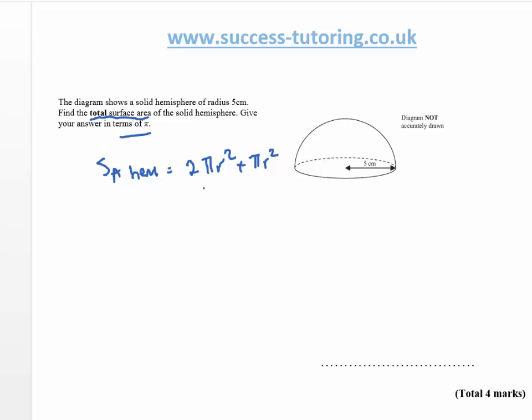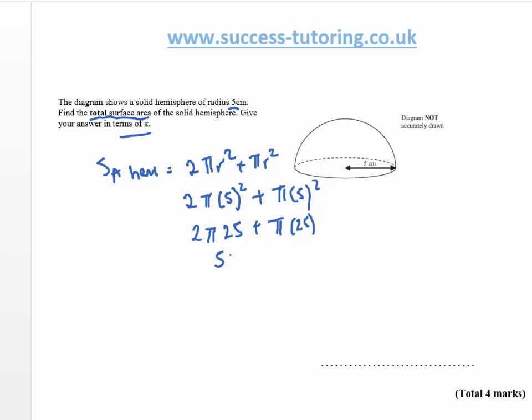What we're going to do is replace our radius of 5 centimeters. It's going to be 2 pi, I'm just going to put 5 squared, plus pi 5 squared. Now clearly we know that's 25, so we're just going to get 2 pi 25 plus pi 25.